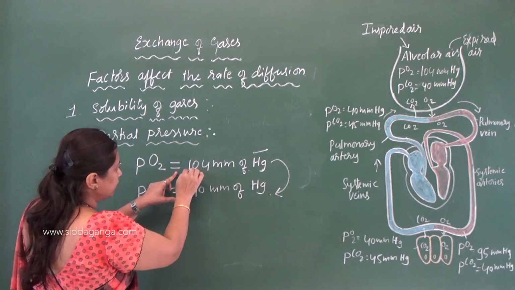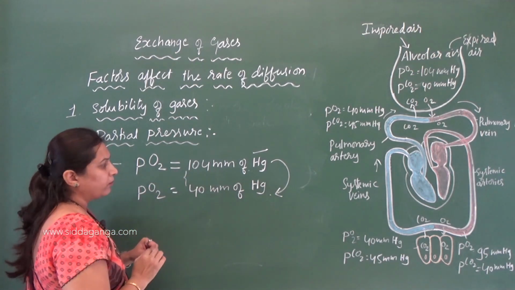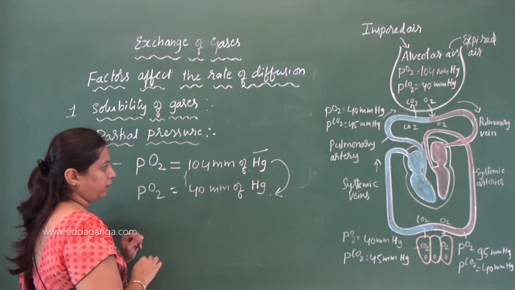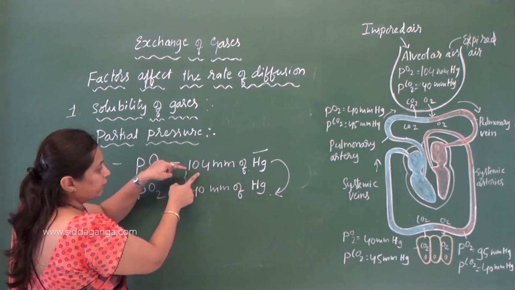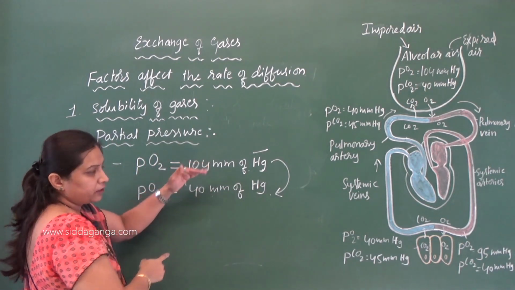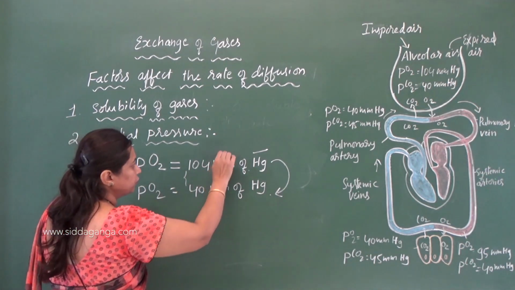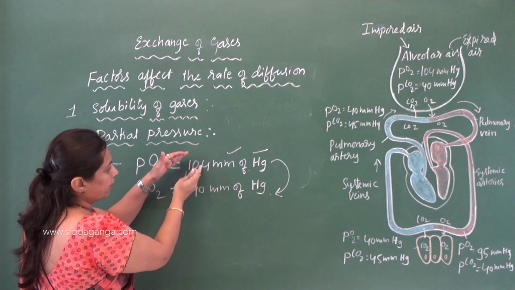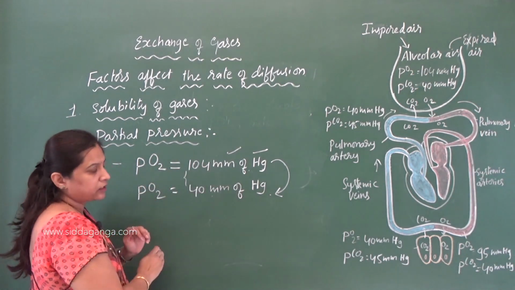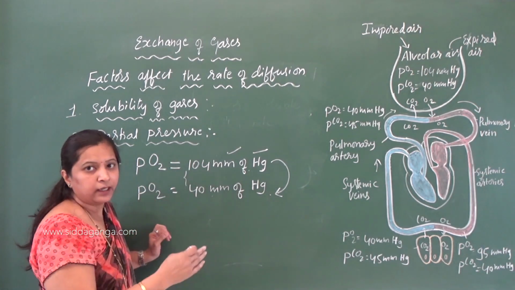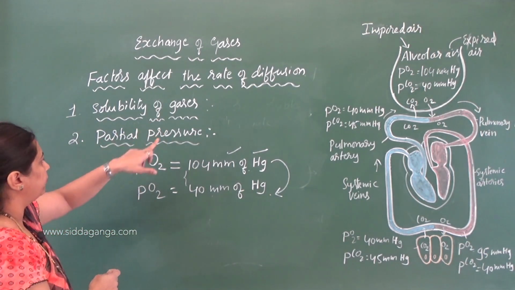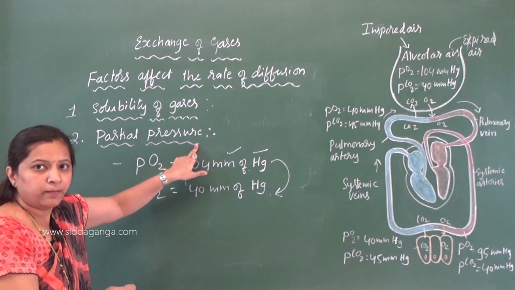So there is a large difference between the alveoli and the blood. If there is a smaller difference in the partial pressure between the two areas, the rate of diffusion will be less. So one more factor that affects the rate of diffusion is the partial pressure.